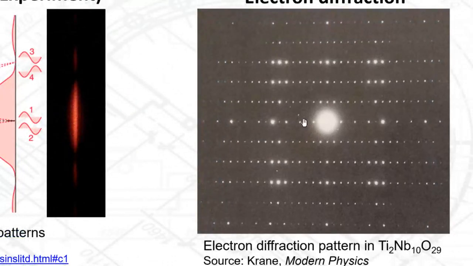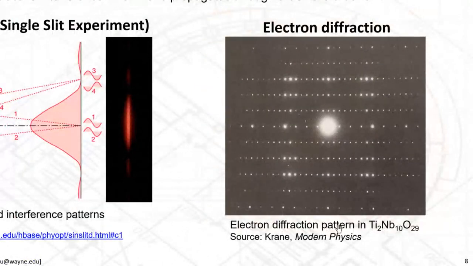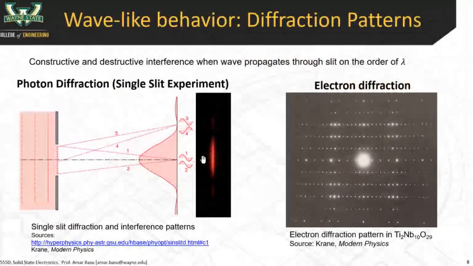Based on this diffraction pattern, you can estimate the spacing between atoms and really cool stuff like that. So this is the electron diffraction pattern from this crystal, which I don't know how to pronounce the name of, but the point is that this is a diffraction pattern showing where electrons have a wave-like behavior.